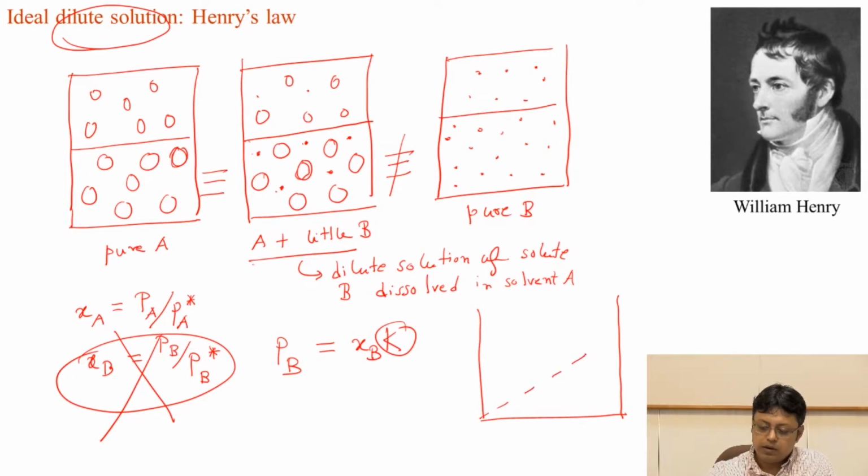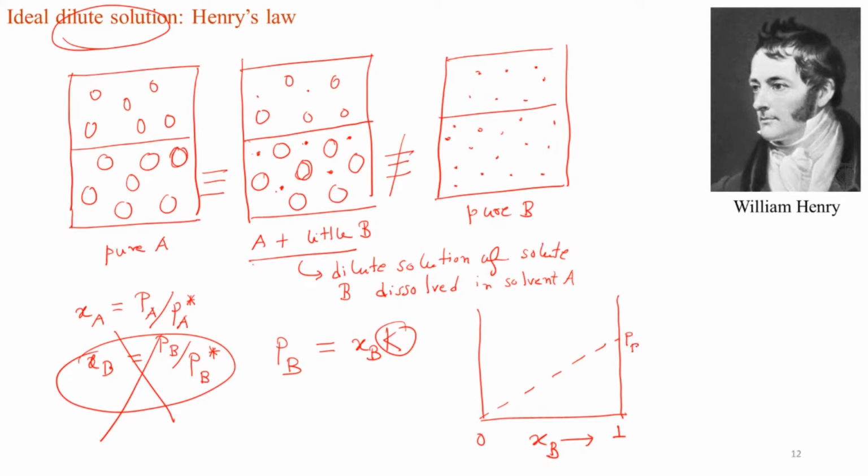whereas Raoult's law tells you that if I change the mole fraction XB, then this will be the ideal situation where the final pressure will be the vapor pressure of B in its pure form, and the initial pressure will be 0, and the real behavior is something like this.